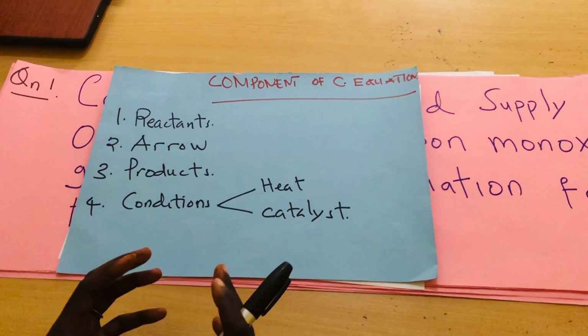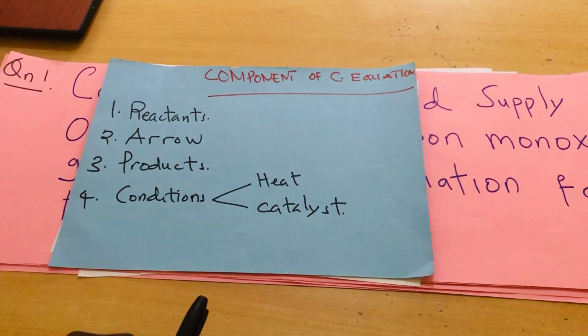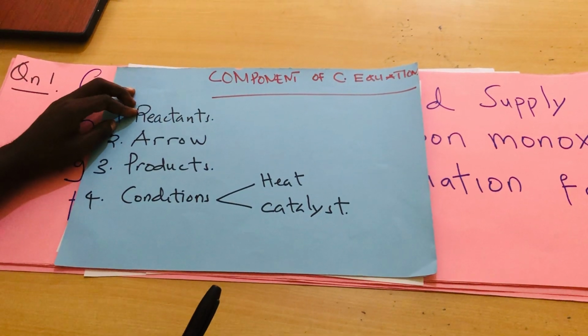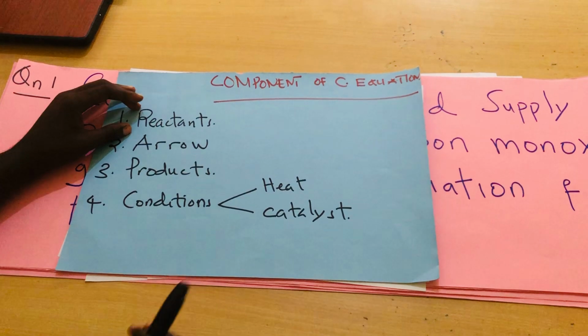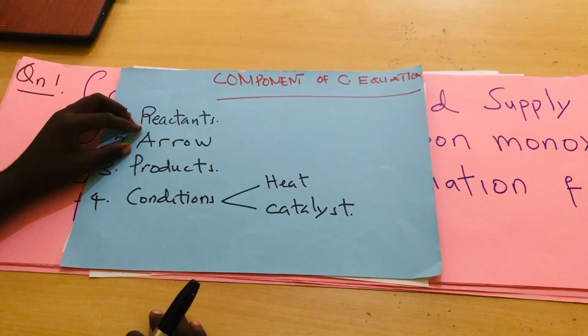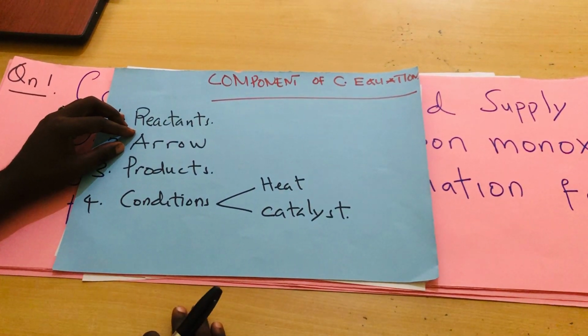In the previous video, we have seen that chemical equation has 4 components. Component number 1, it is reactants. These are substances which undergo chemical reaction. Number 2, we have arrow. This is a symbol that indicates the direction of the reaction.